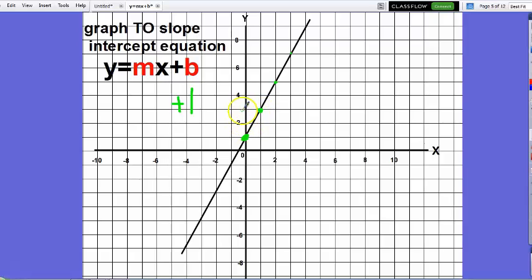So my rise is 2 and my run is 1. So my slope is going to be 2 divided by 1, which is actually equal to 2. So the formula is going to be y equals 2x plus 1. And that's really all there is to it.